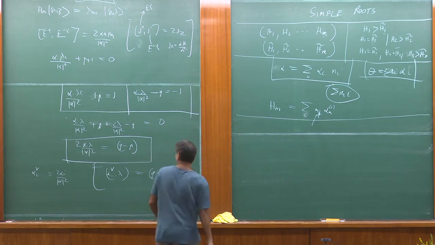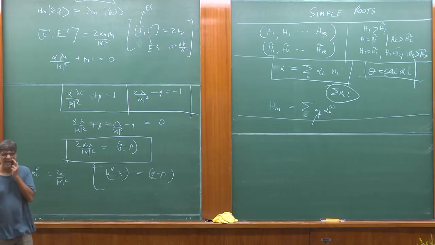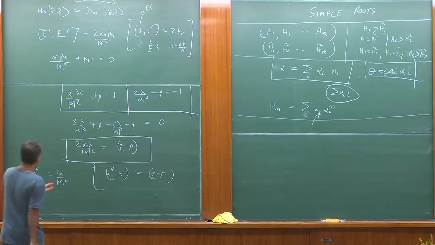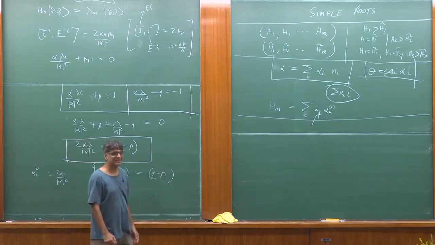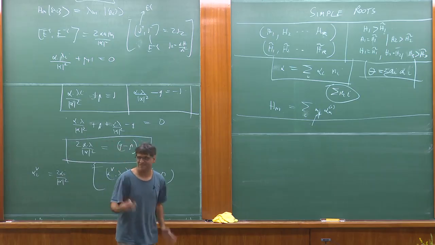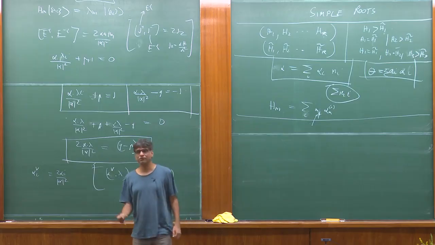Let's go back to this equation. This equation told us that 2 alpha dot lambda divided by mod alpha squared was q minus p, some integer. Now this was true for every weight, so in particular it's true for a root.